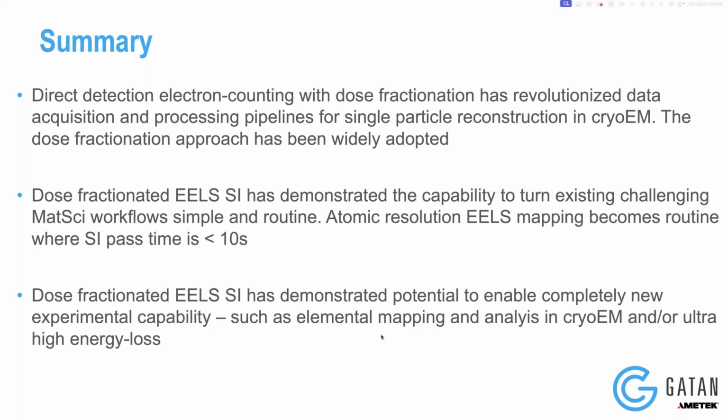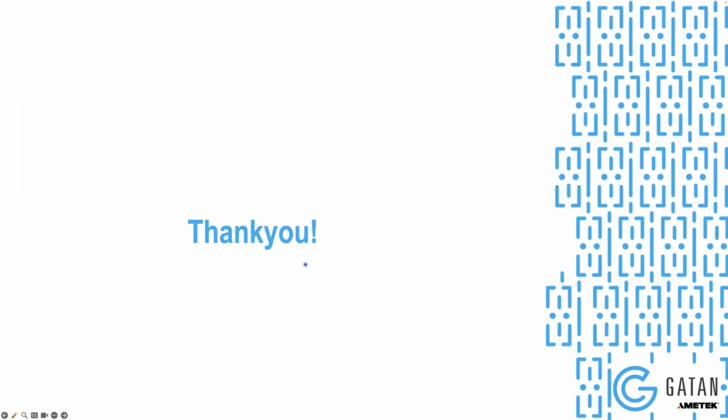Ultra high energy loss was the final example, but I'm sure everybody can think of other examples or other experiments where these techniques are really going to help. That's the final points that I wanted to say, and I just wanted to thank everybody for attending and listening in. That's probably a good break point for questions if there are any.